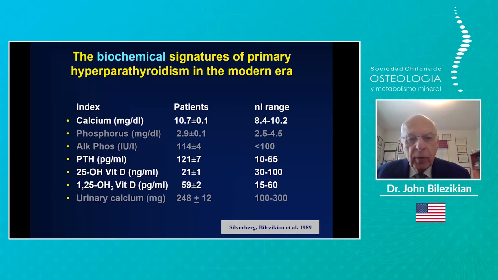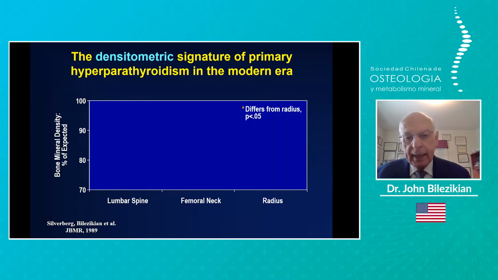The parathyroid hormone level is about twice the upper limits of normal. You can see the 25-hydroxyvitamin D and the 1,25-dihydroxyvitamin D levels are low for the 25-hydroxyvitamin D and the upper range of normal for the active metabolite.